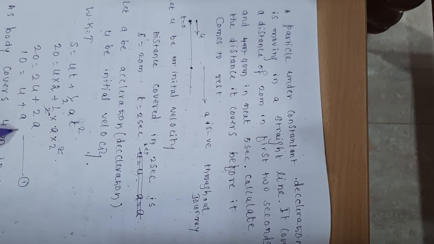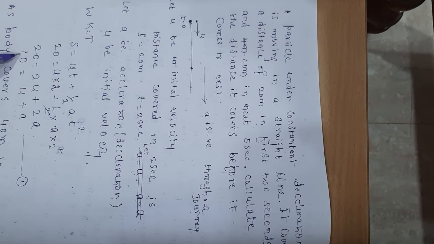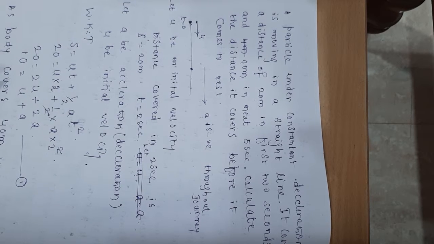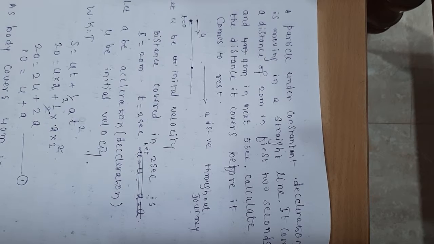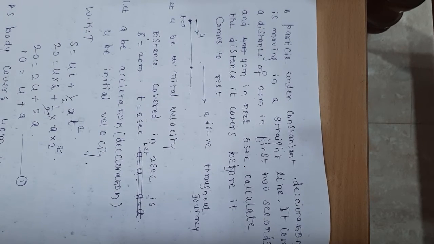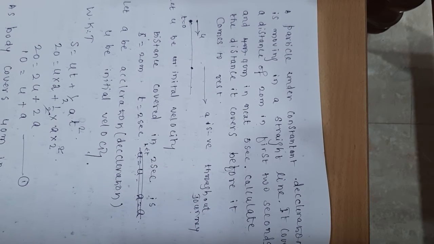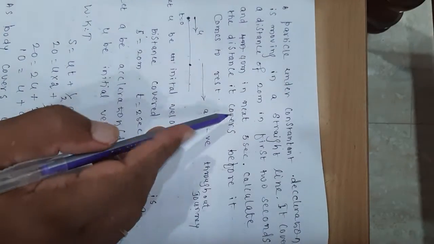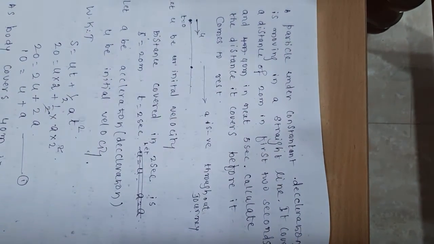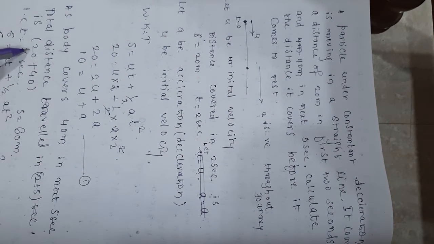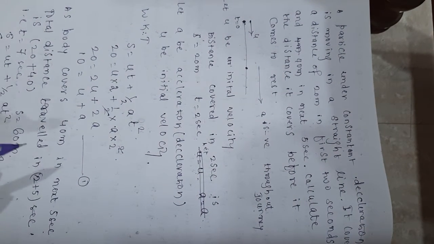So you will get one equation connecting u and a. As the body covers 40 meter in the next 5 seconds, the total distance traveled in the initial 2 seconds plus the additional 5, total 7 seconds, is 20 plus 40, 60 meters.